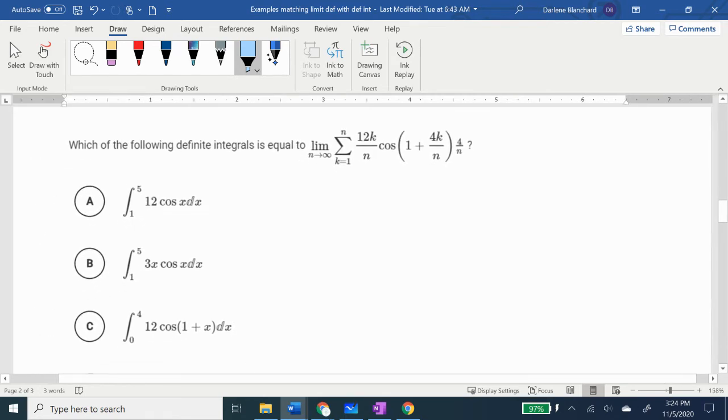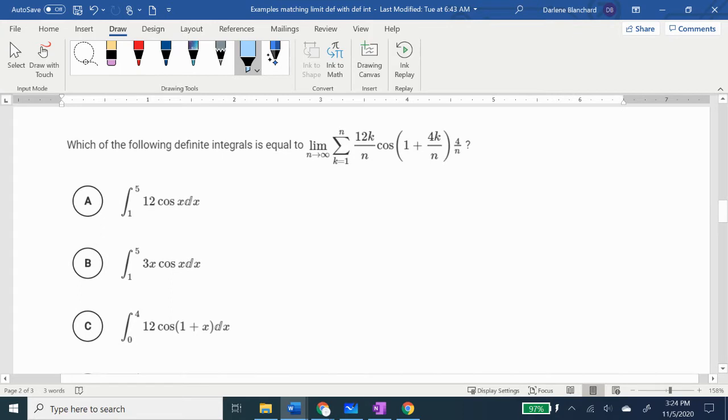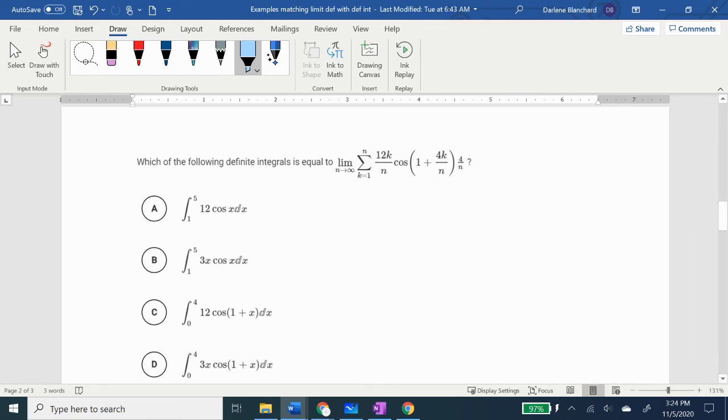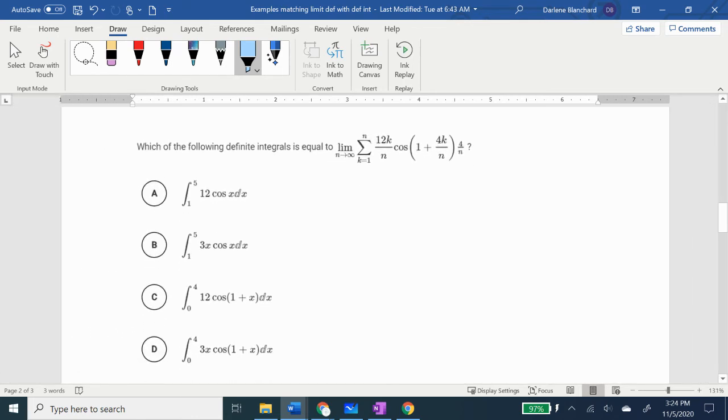If we are trying to just match this limit up with one definite integral, and it's going to be one of these four, then I can see that if I go from 0 to 4 or 1 to 5, my b minus a is going to be 4.